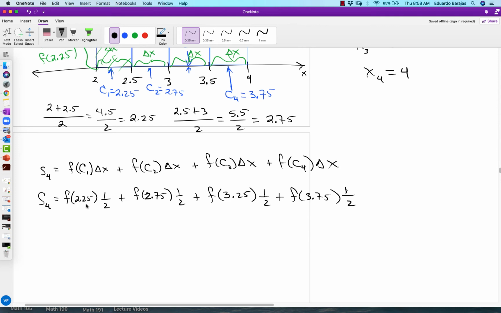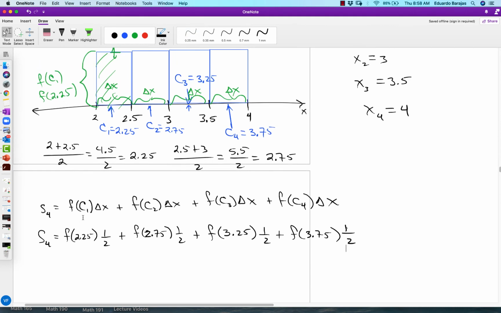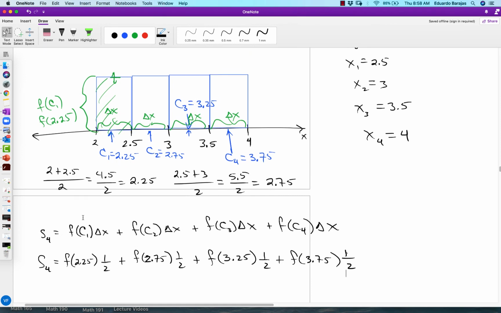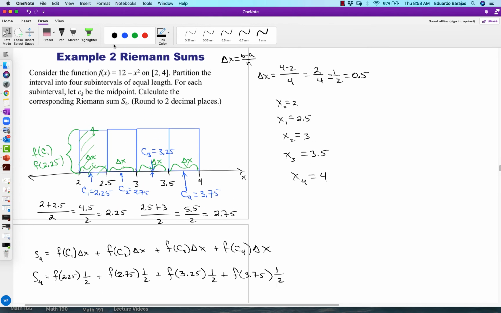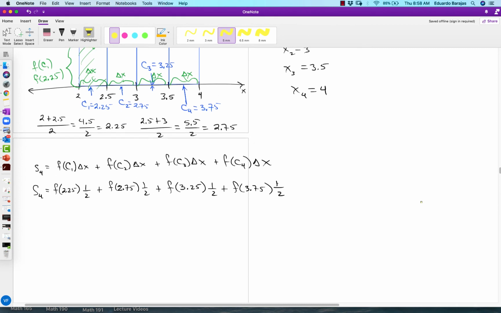Okay, and now to figure out what each one of these is, we need to focus back on the equation that's given. So let me zoom out. So we were told that f is defined to be this guy. So that's what we use to figure out the height of each rectangle. We evaluate the function at 2.25, so that goes right in there. So f of x equals 12 minus x squared.